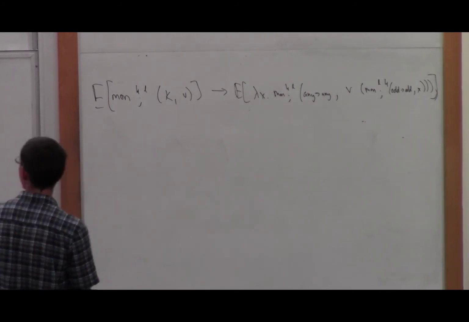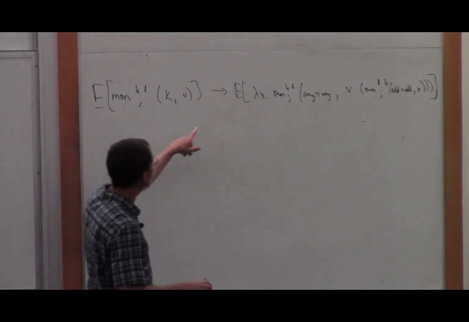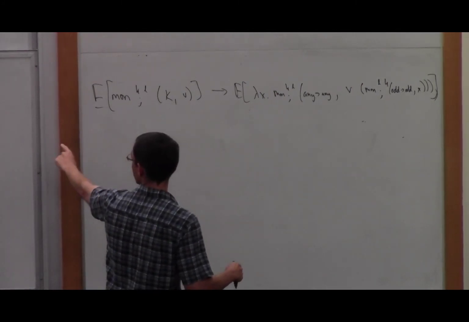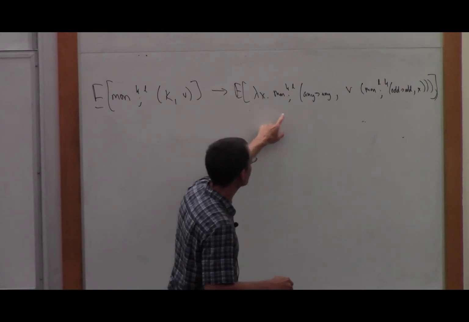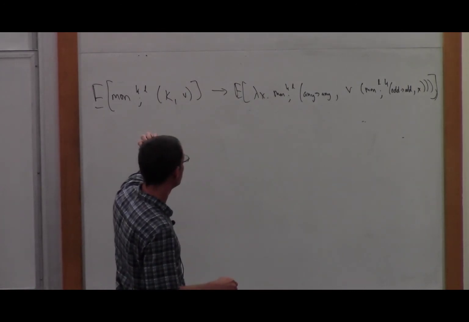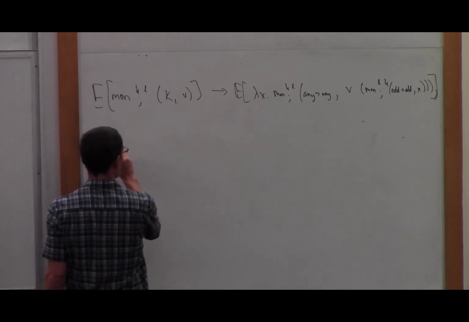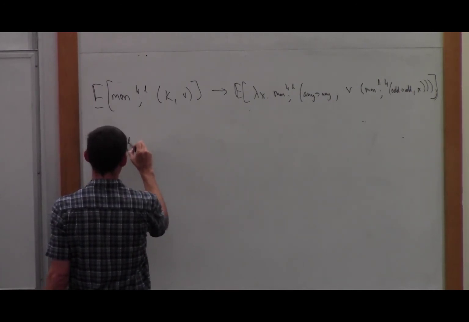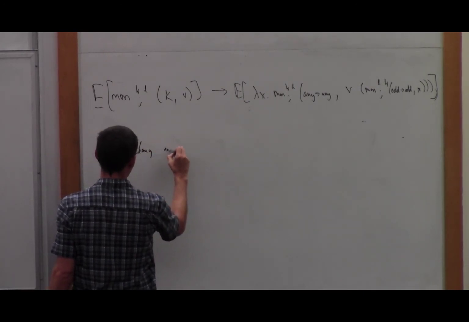Okay, so here's our reduction, monitoring k applied to v. So we have this. Now we're going to substitute in lambda yy for x, which is going to produce monitor KLJ any to any.